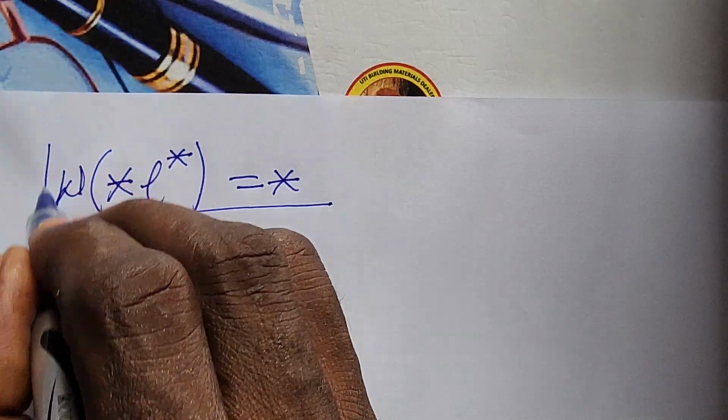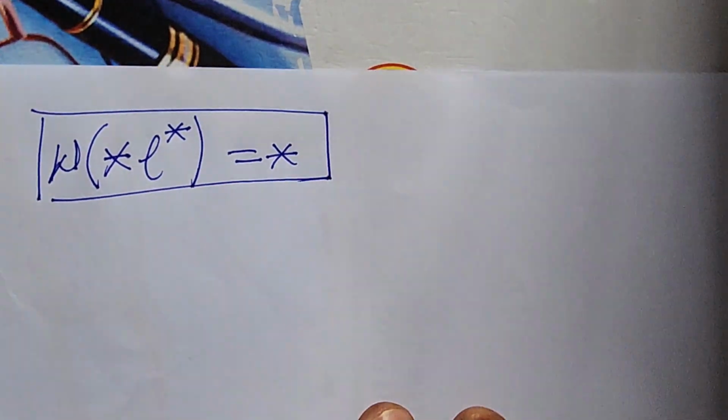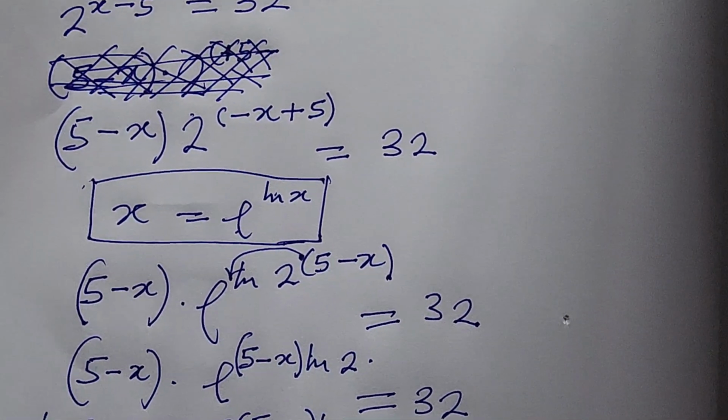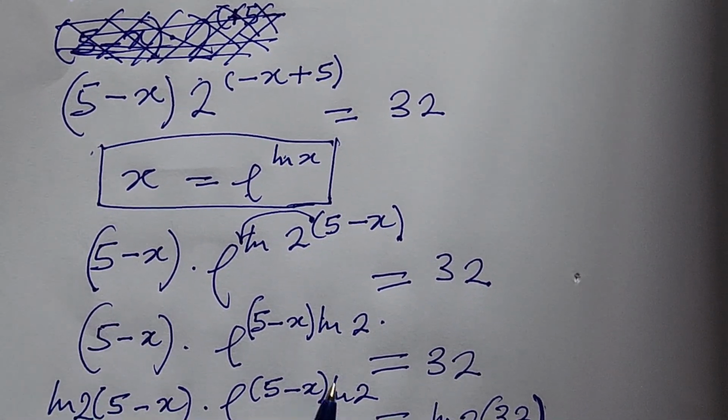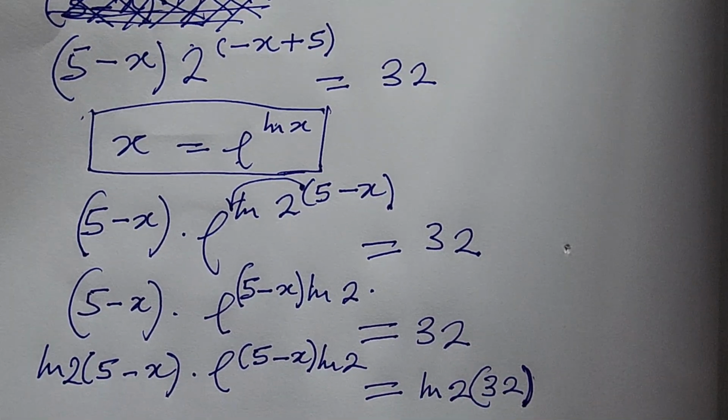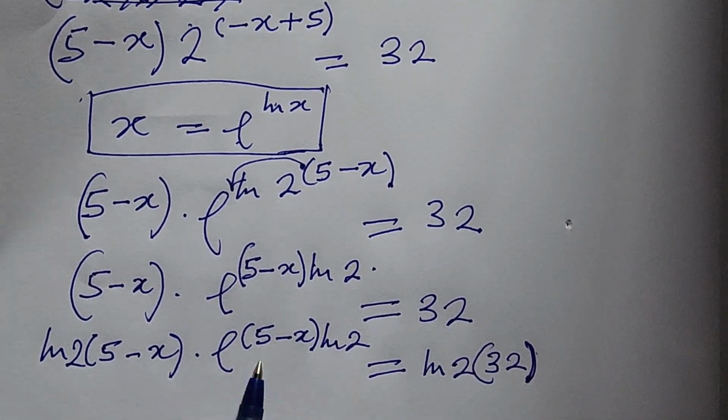So if we put this into consideration, look at our expression here now. Here we have something of that kind. Whatever we have at the base is what we have here now. So we can introduce the Lambert W function here. So if we introduce the Lambert W function here, what becomes of our expression?